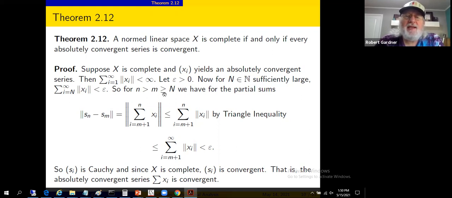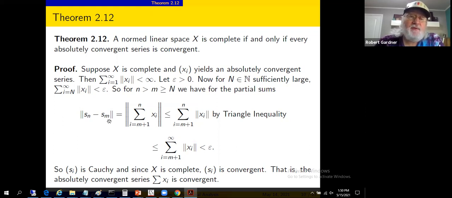So if we take n and m sufficiently large, then for the partial sums, S sub n minus S sub m, take an n greater than m here, one of them's greater, say it's n. This is the sum of the first n terms. This is the sum of the first m terms.